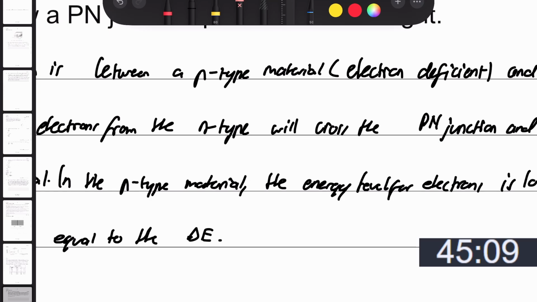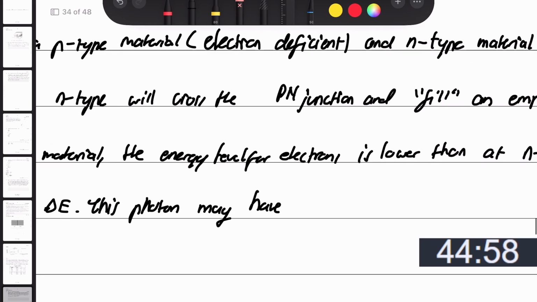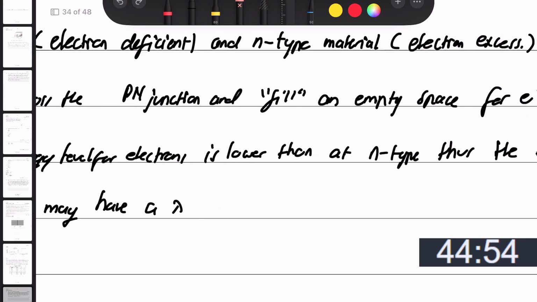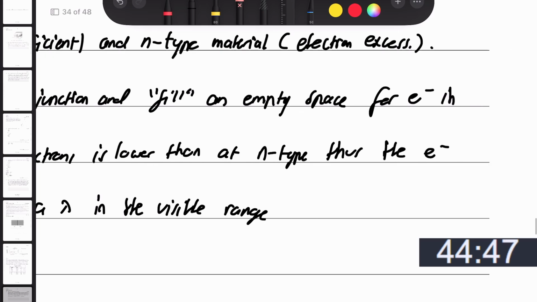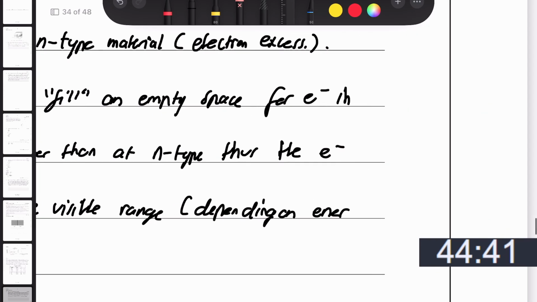This photon may have a lambda in the visible range, depending on energy. Thus it is visible light.